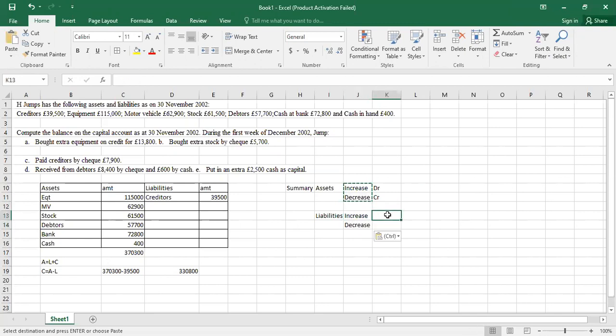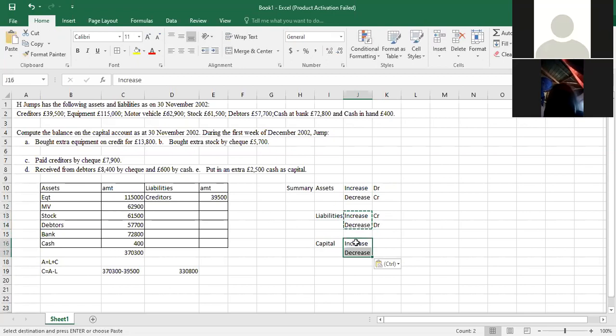Who has answered? When liabilities increase, are we crediting or debiting? We're supposed to do now the opposite. Yeah. And then we have the capital. And we say for the capital items, let me copy paste. Then for the capital items, when they increase, we credit.